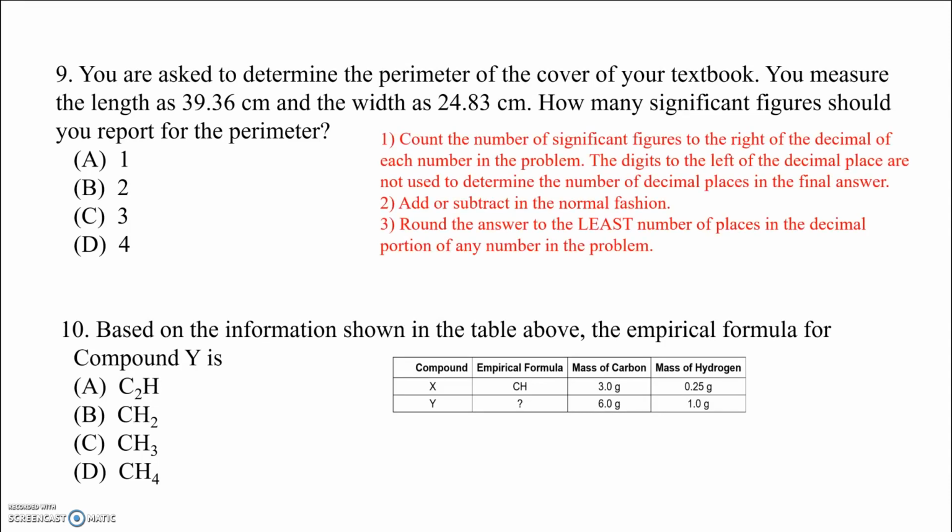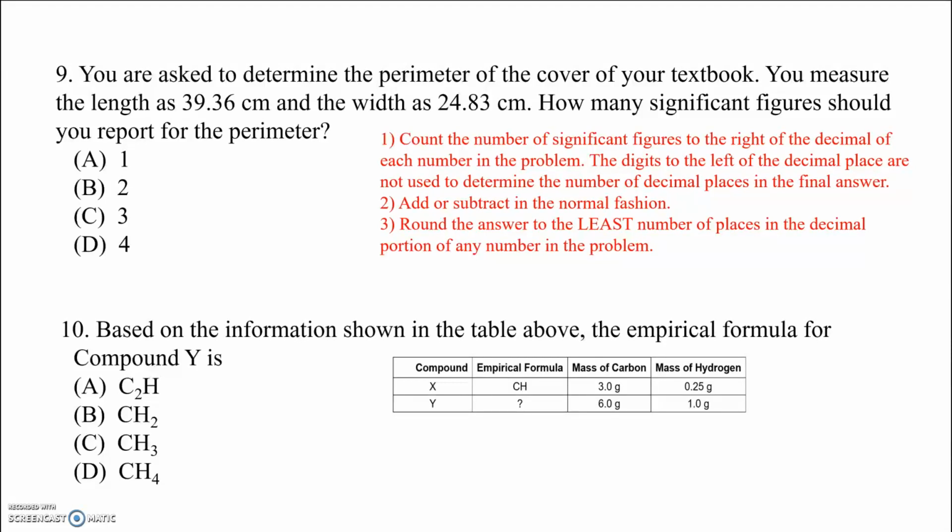Now, the rules for adding and subtracting significant figures are different than the rules for multiplication and division. Here we need to count the number of sig figs to the right of the decimal. The digits to the left of the decimal are not used to determine the number of decimal places in the final answer. All right, so we can see that when we do this, we've got two numbers to the right of the decimal.